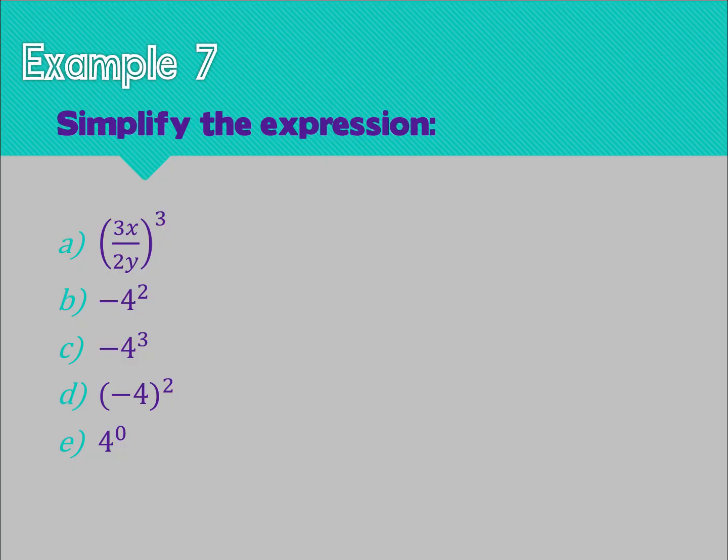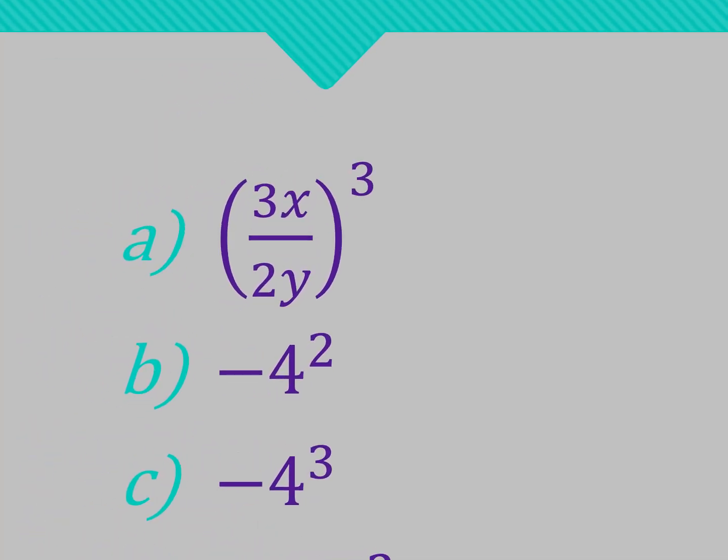All right, lastly, we look at this problem and we immediately think, oh my gosh, it's a fraction, it's so hard. It's really not. I just need you guys to really pay attention to what the question is saying. If you have a fraction and it is raised to a power, you need to understand that that power goes to the numerator and the denominator. So this 3 goes to the 3, to the x, to the 2, and to the y.